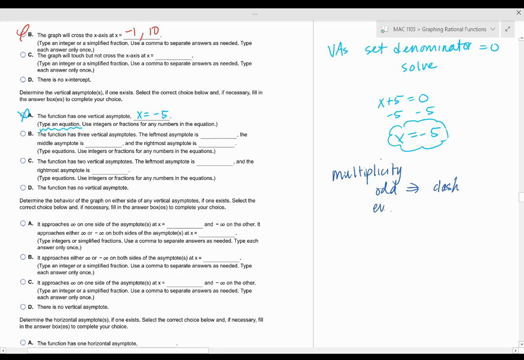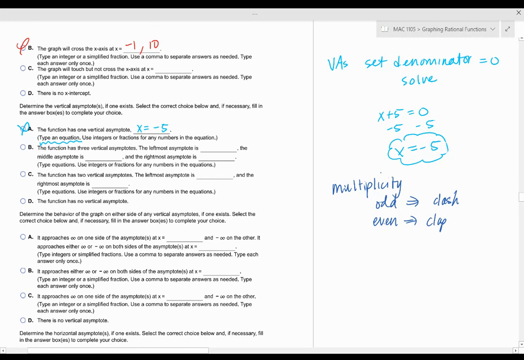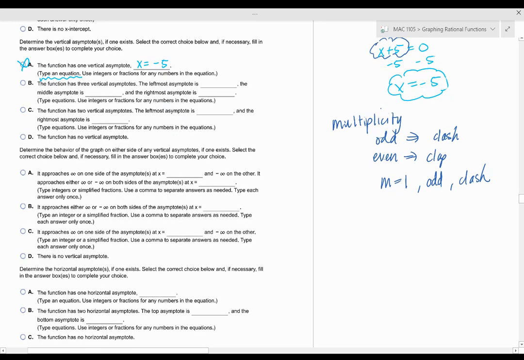If the multiplicity is even, it's going to clap. If we look at where our vertical asymptote came from, the degree on this factor is 1. So our multiplicity is 1. 1 is odd, so our graph is going to clash, which means it's going to head towards opposite infinities.